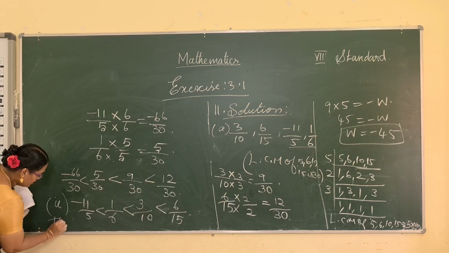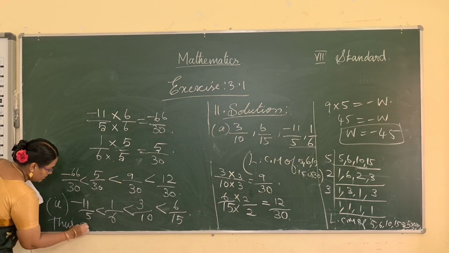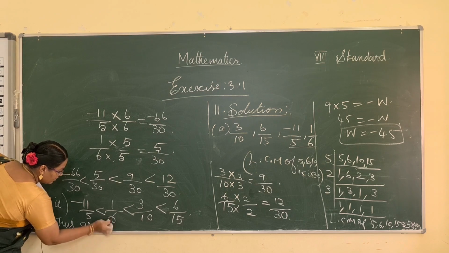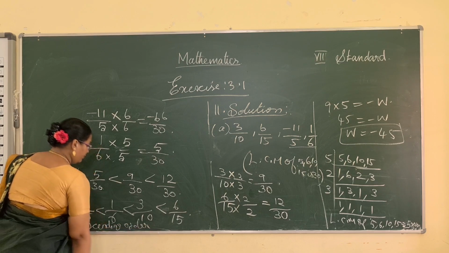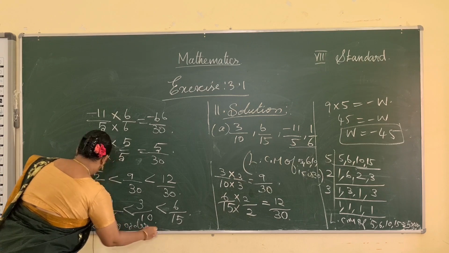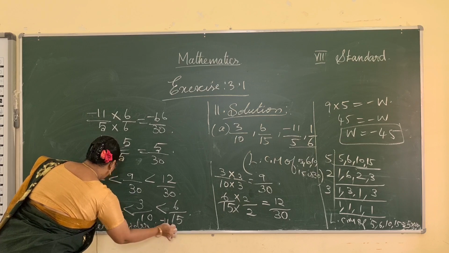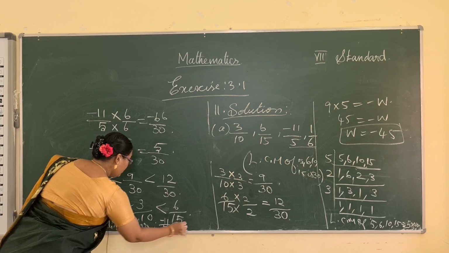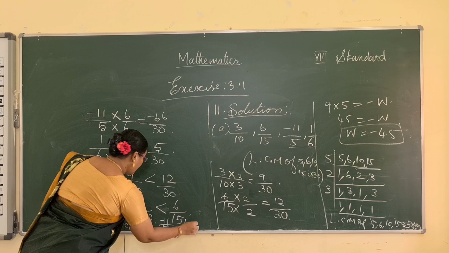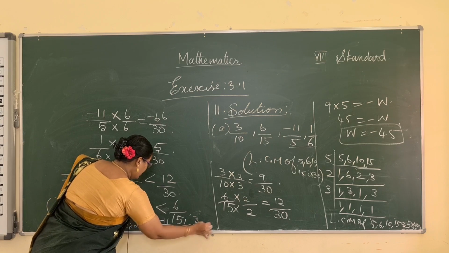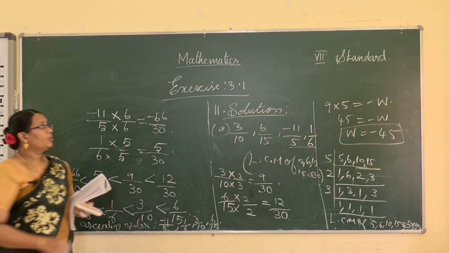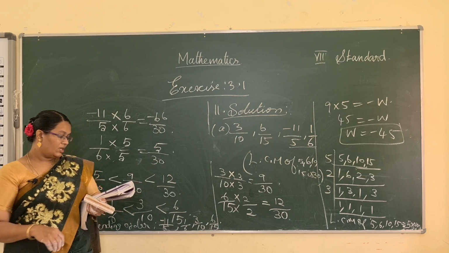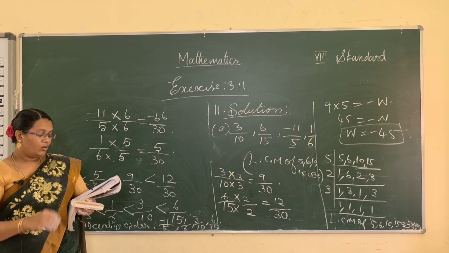Thus the ascending order is minus 11 by 5, 1 by 6, 3 by 10, 6 by 15. Okay, I hope you all understood the ascending order, and the 12th problem is also homework.